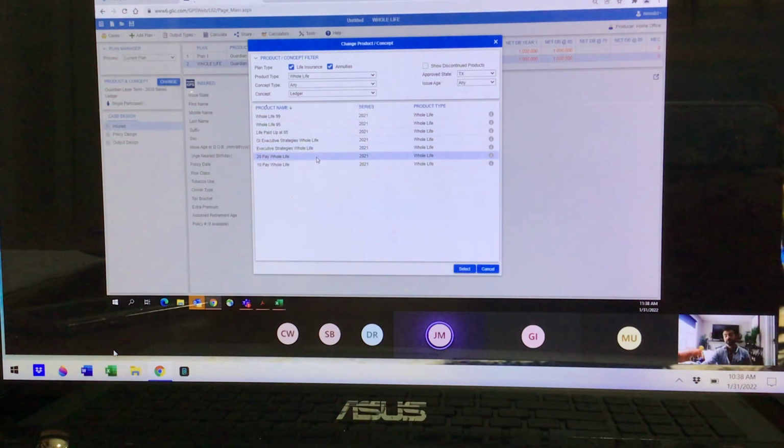20 pay whole life, like the 65, but payable for 20 years. So for these two products, scenarios in which they would be used are potentially juvenile cases, somebody that likes the fact that they're going to have a contractual amount of time in which they have to pay the contract and no longer.